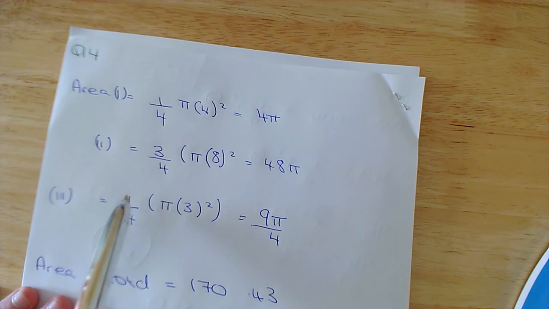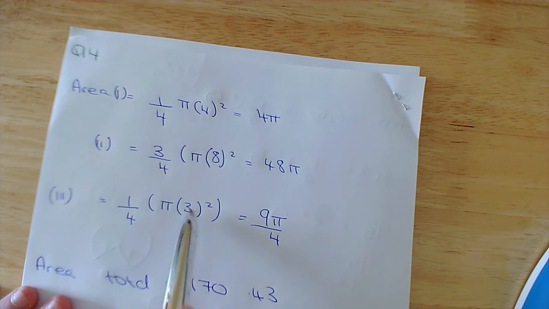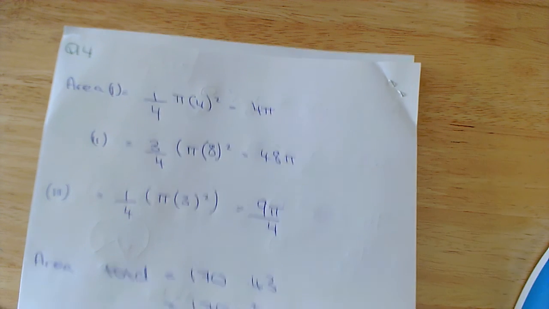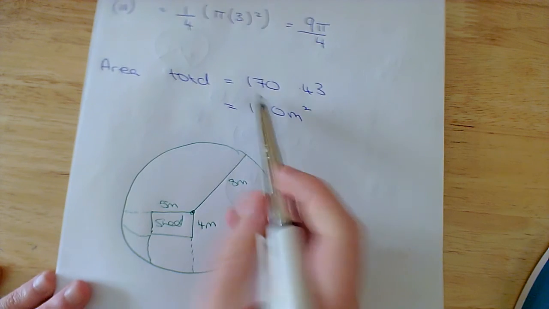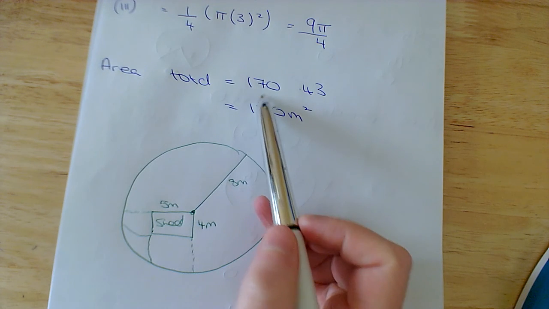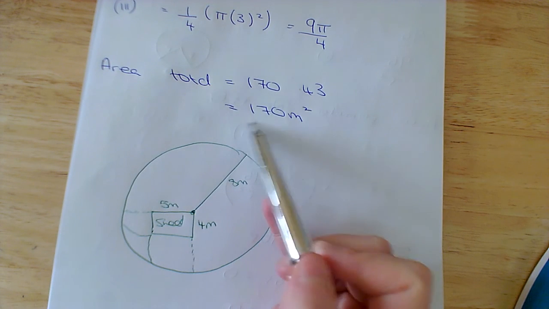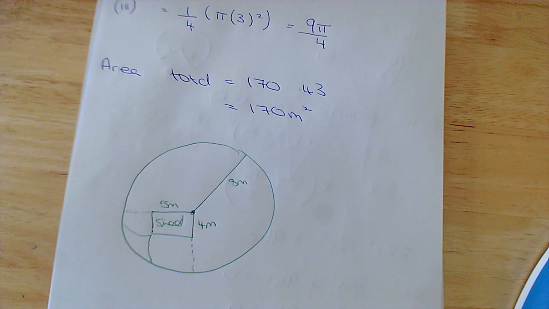And then part 3, I have 1/4 pi, because we're still in a quarter, but the radius for this particular one is just going to be 3. So I have 3 squared, and that's equal to 9 pi over 4. And then my total area, when I add all of those up, I get 170.43, so 170 metres.